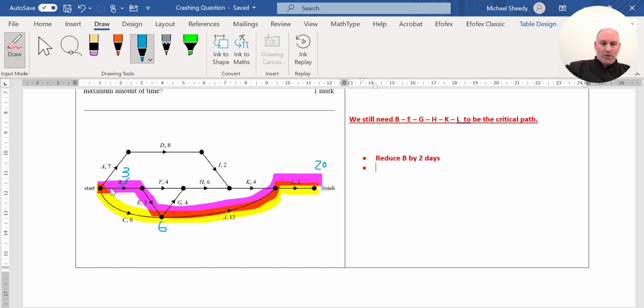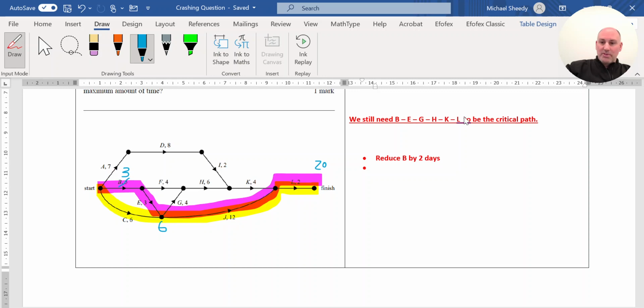If we travel along B, which is now 3, we assume we've reduced B by 2 hours. So 3 plus 3 is 6, plus G would be 10, plus H would be 16, plus K of 4 would be 20, plus the final L of 2 days, that's 22.